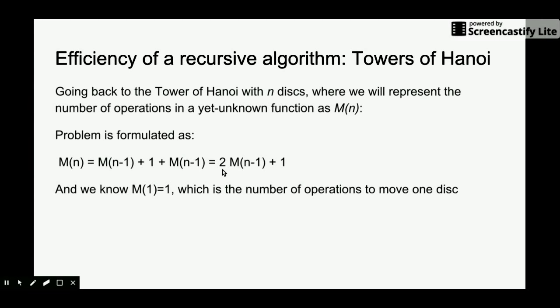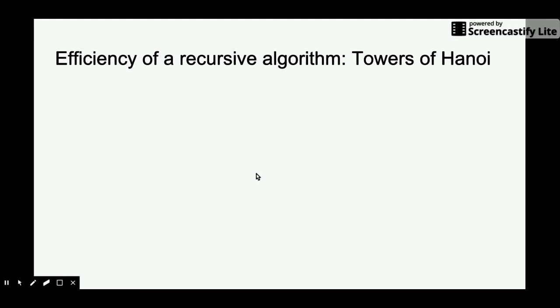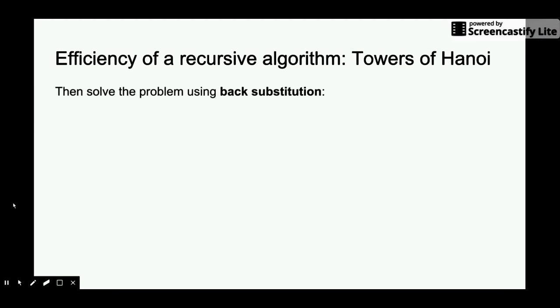So what we're going to try and do with this equation for m of n, this recursive equation, is change it up and insert things here and there so that we can completely eliminate m from the right side of our equation and have m of n only in terms of n. This will be the first step to giving us our efficiency. We're going to do this using back substitution. Pretty much a self-explanatory name.